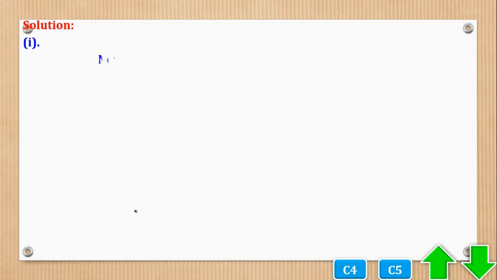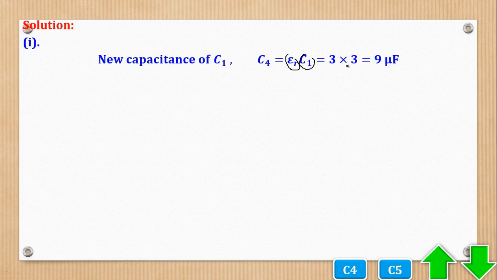So for Roman 1, new capacitance of C1, because there's a dielectric now, it becomes dielectric constant times the capacitance if it was vacuum, and to be 9 microfarad.